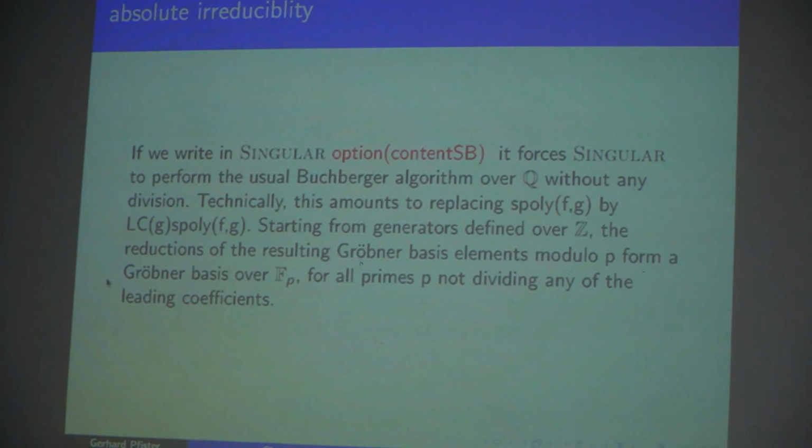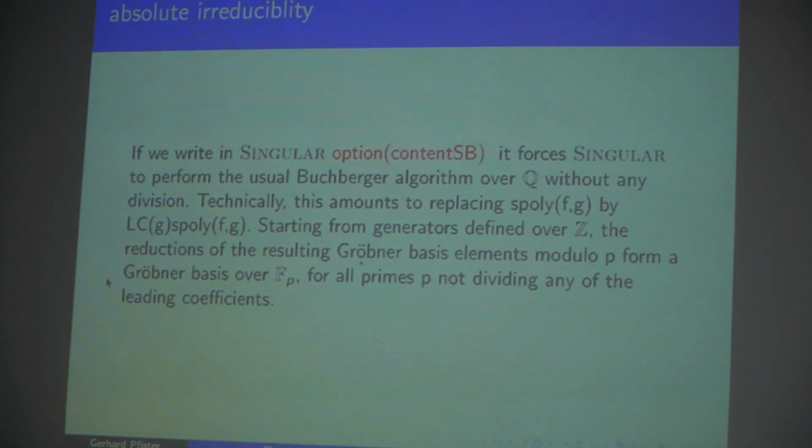So now let me just explain the idea again. You can write in Singular option content as B. And that forces Singular to perform the usual Buchberger algorithm over Q without any division.